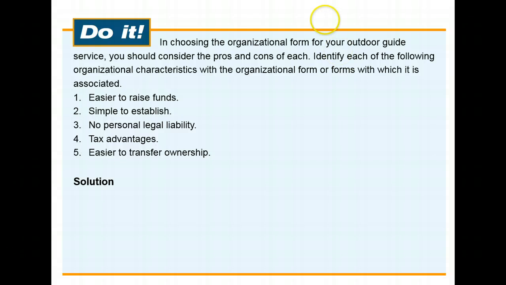So if we look here at a company that's easier to raise funds, what would we be talking about? Corporation. Simple to establish. Partners and sole proprietors. No personal legal liability. Tax advantages. Easier to transfer ownership. Corporation.